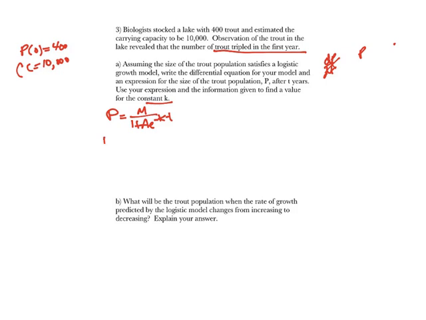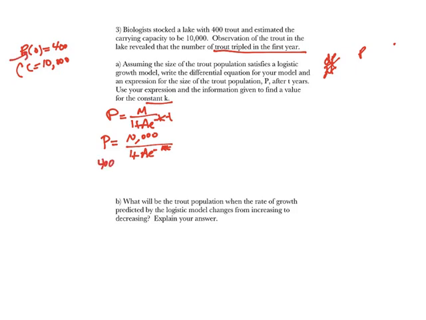So what do we know? We know we have P equals 10,000 over 1 plus A e to the negative kt. So I have to find both k and A. All right, well, I'm given this initial condition of 400.